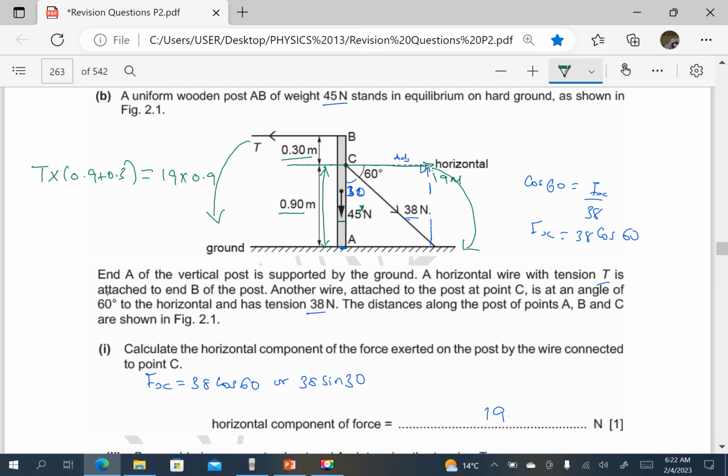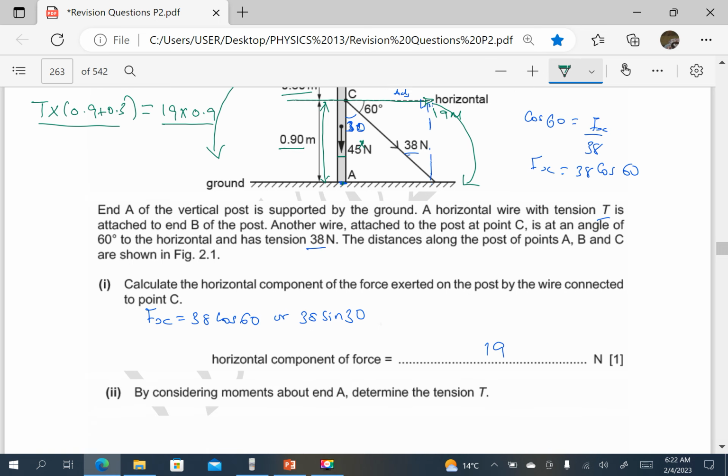That gives us the clockwise moment. The sum of anticlockwise moments should be equal to the sum of clockwise moments for equilibrium. Therefore, we are going to equate those two moments.